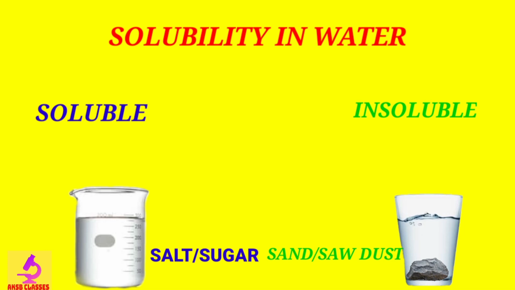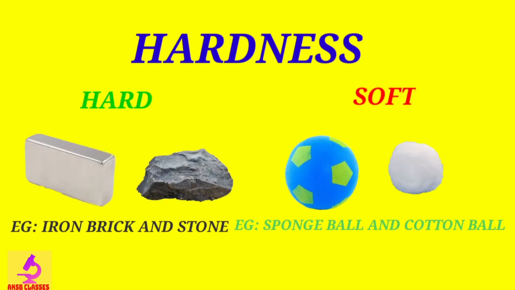You can also test the other property, that is the hardness or appearance, with the help of different materials. Hardness is also a parameter through which we can categorize.